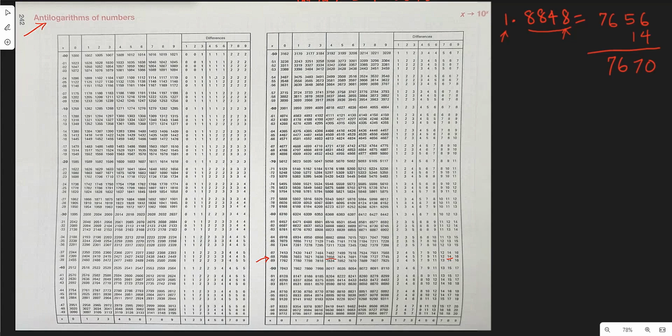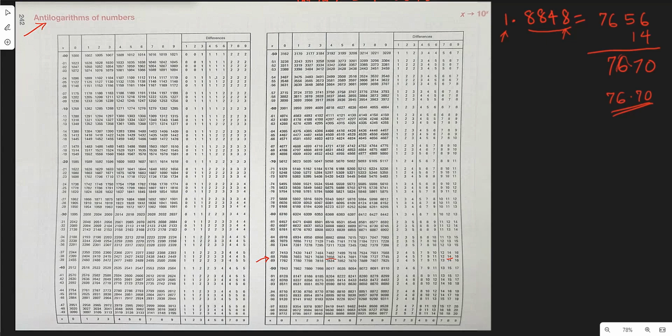Usually you start counting from the first significant digit, the first non-zero number, and that is 7. So I move forward once because I have 1 here. I move this decimal point forward once, and then I have 76.70 as the antilog of this number.